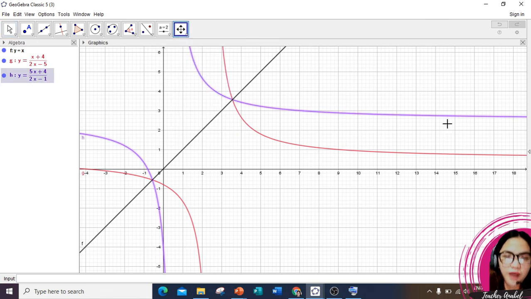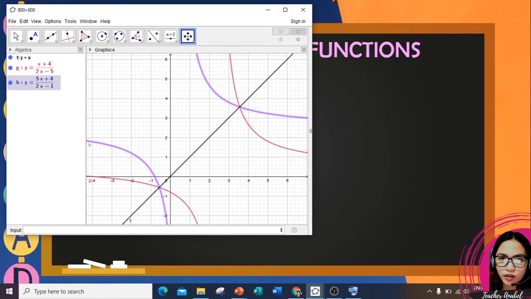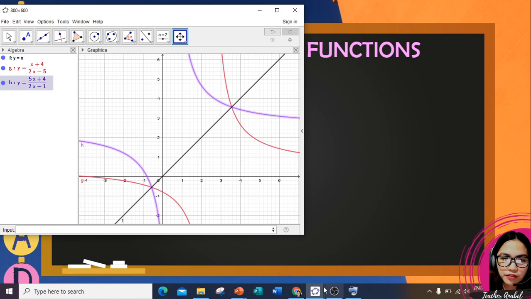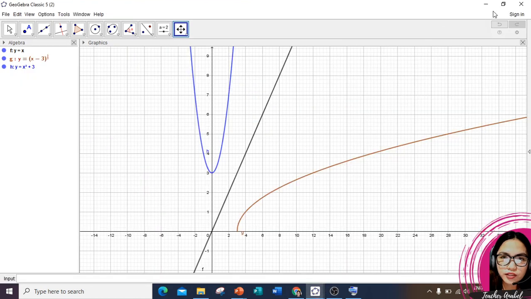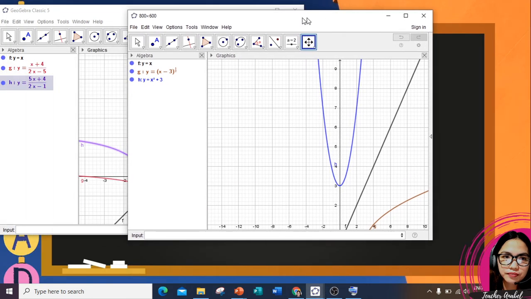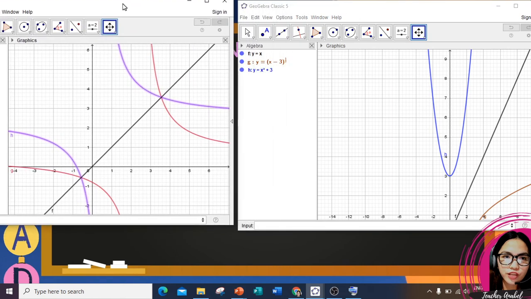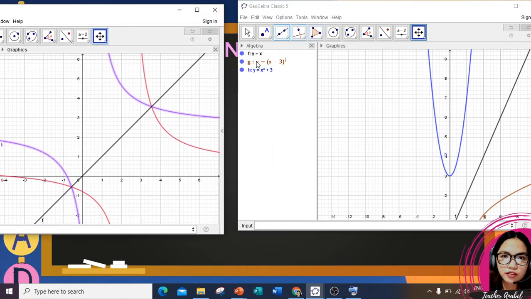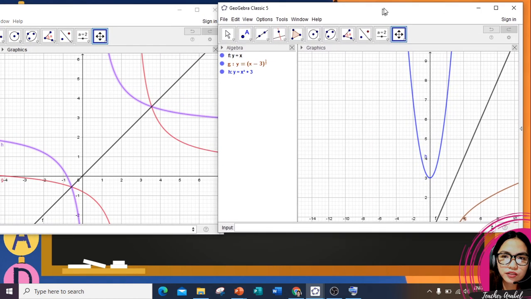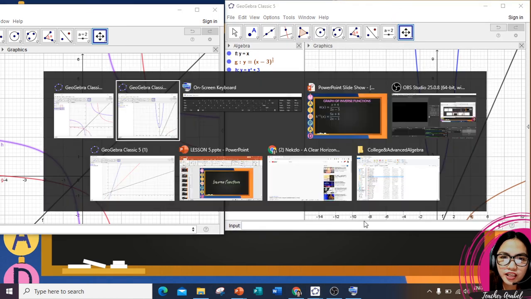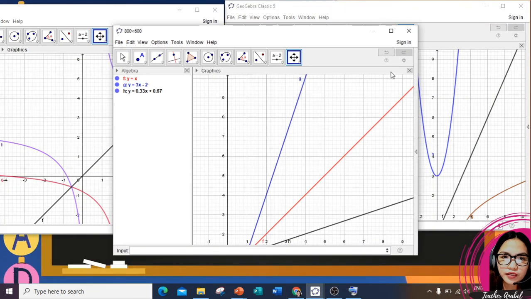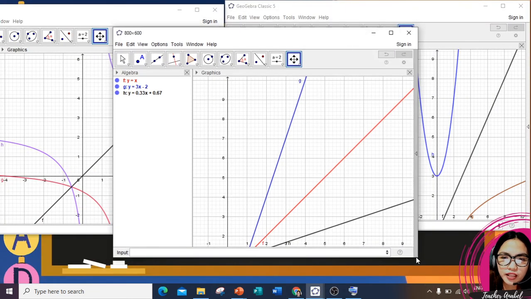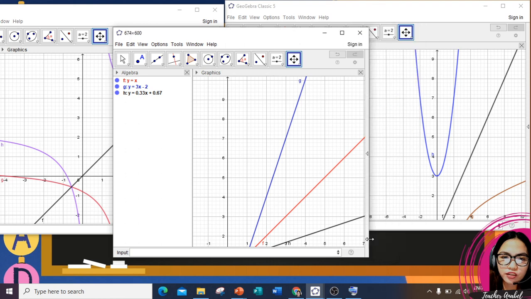Okay, now let's take a look with all the graphs ng functions natin. So, tignan natin. Let us try to compare each. Sana makikita lahat. Ayan. So, balikin natin para magkasya silang tatlo.